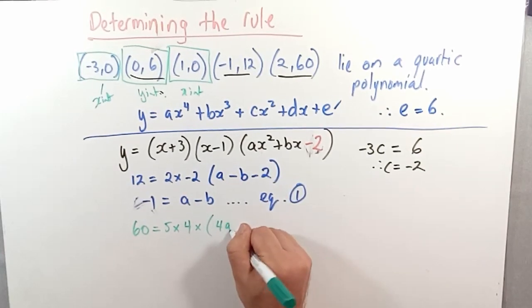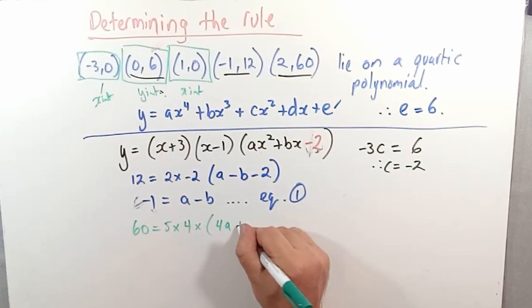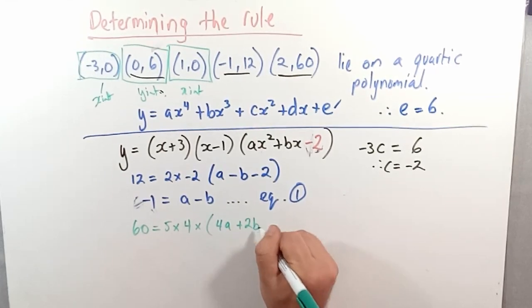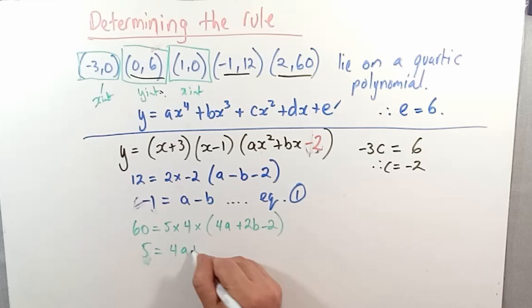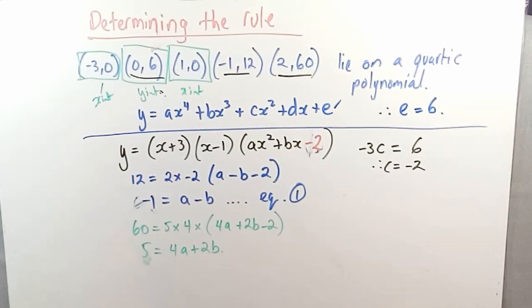So I get 4a plus 2b minus 2. Okay, 60 divided by 20 is 3, equals 3 plus 2 is 5, equals 4a plus 2b. That is not what I have on my working out. What have I done wrong here?